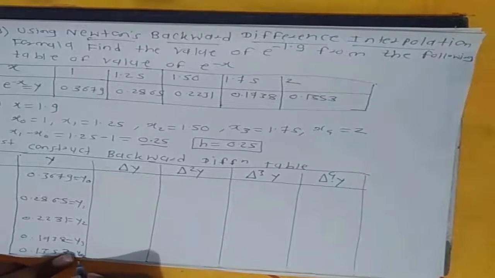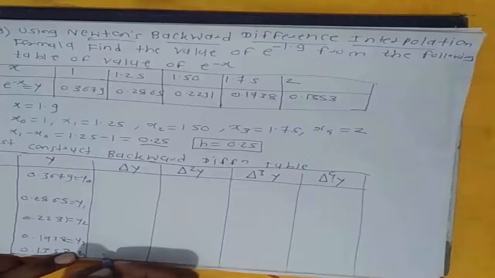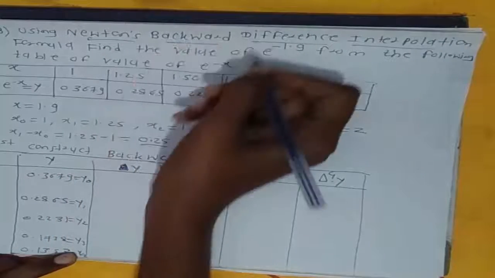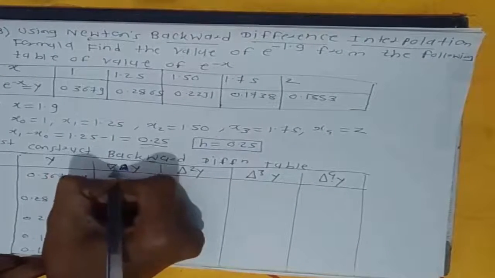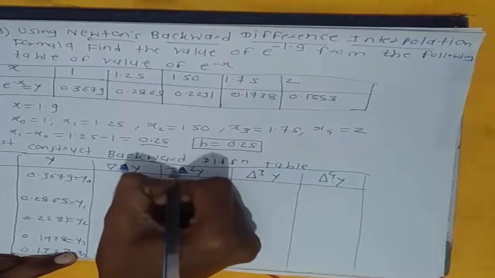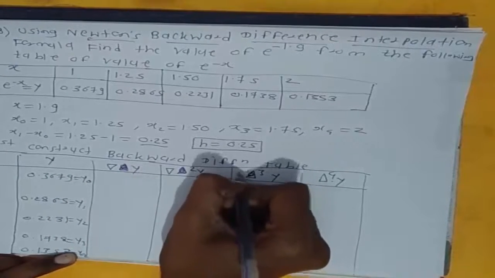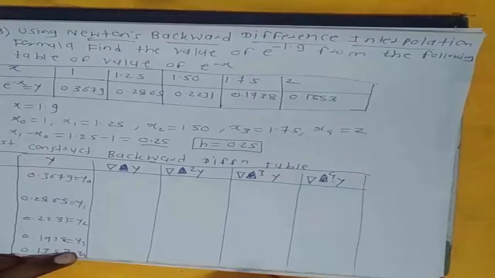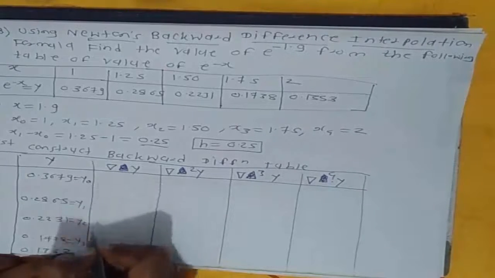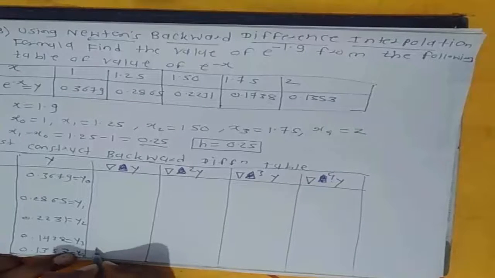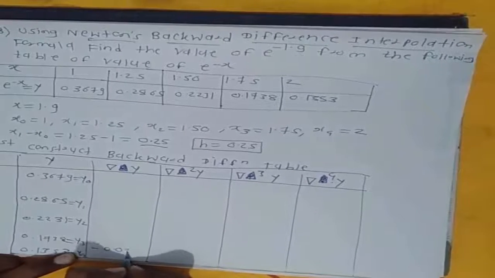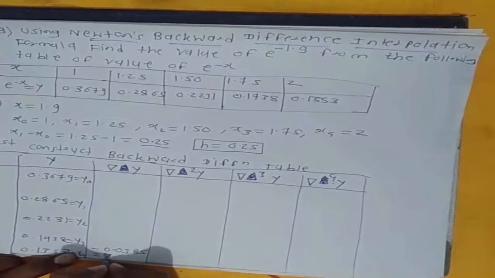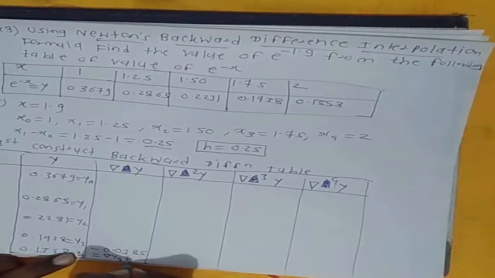If we take the difference y4 minus y3, here it is not delta, we use the backward difference, so we write del y. We get y4 minus y3, that is minus 0.0385, the del y4.